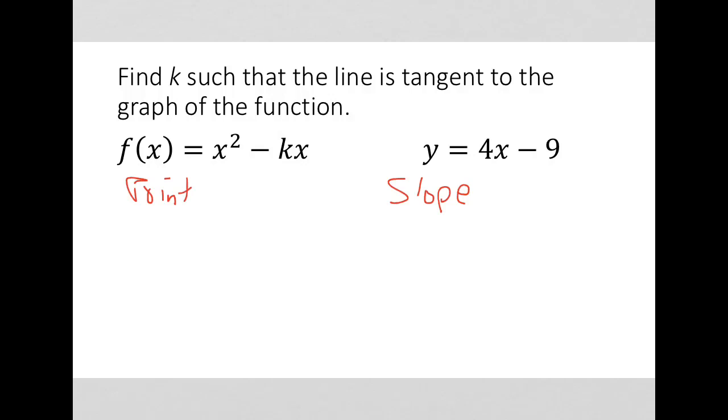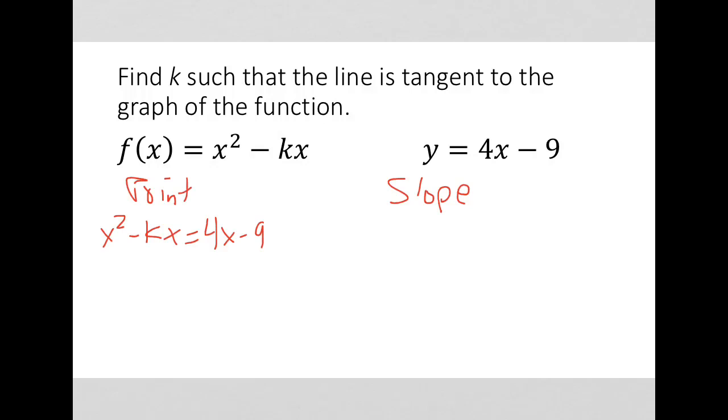So to find the point, remember that it is the point of tangency, where the tangent line and the function both share that point. So I can set the function equal to the tangent line and get x squared minus kx equals 4x minus 9.